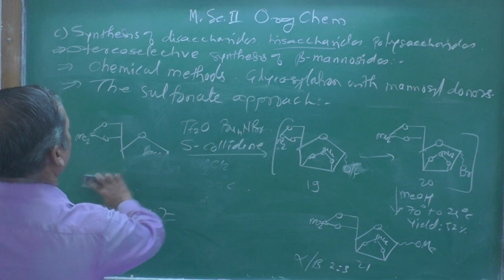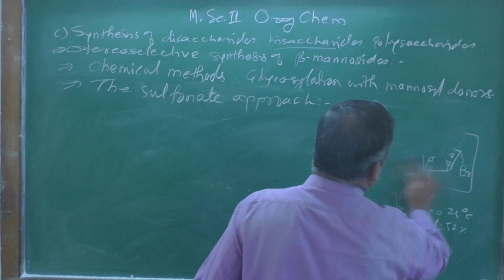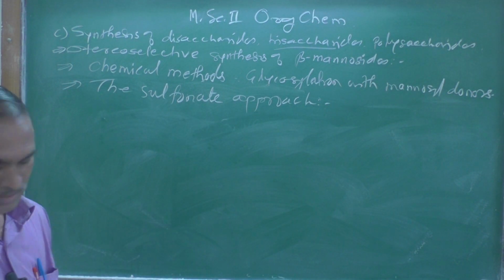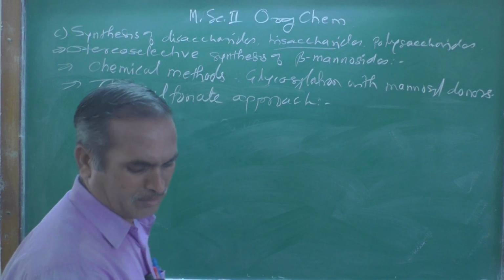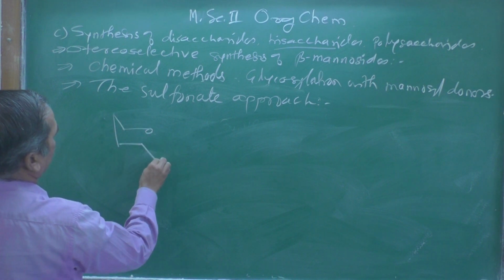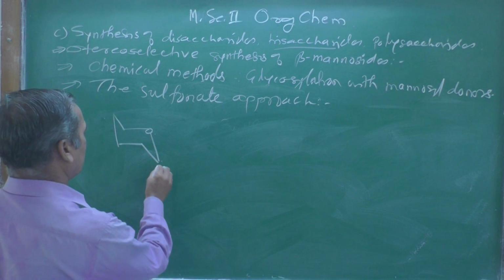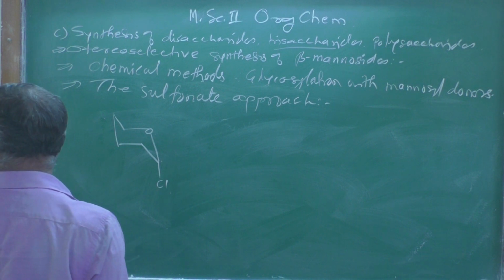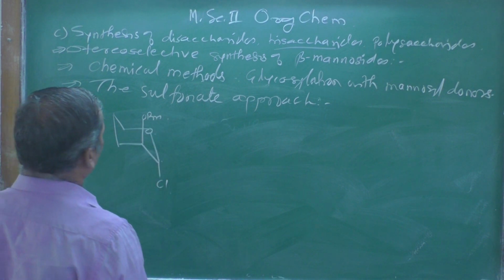Now let's see that scheme number 8. Let's see over here. They have taken as a starting material, once again in the chair form, the furanoside of the sugar molecule, with a Cl, chlorine, there, and therefore we can call it a glycosyl chloride.